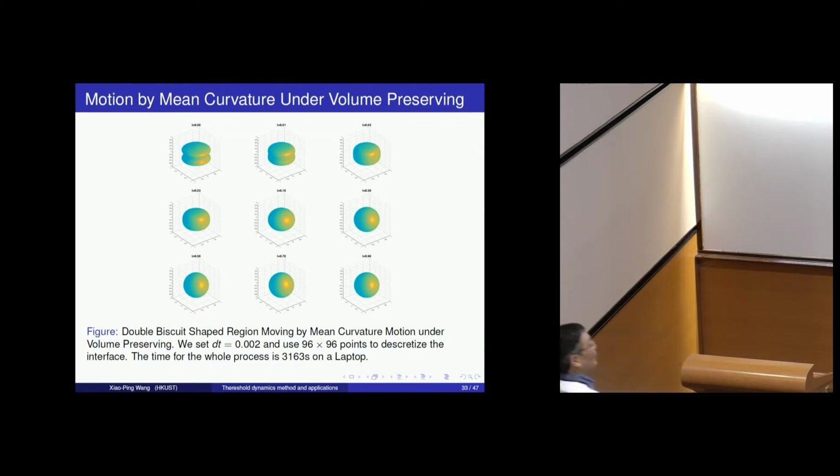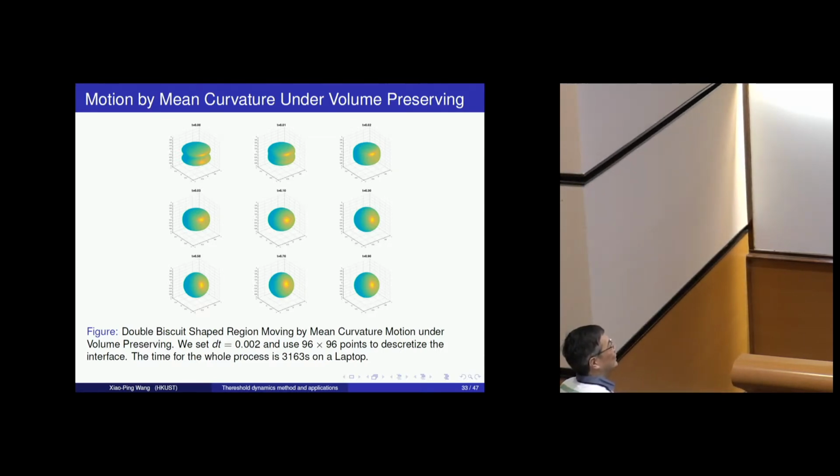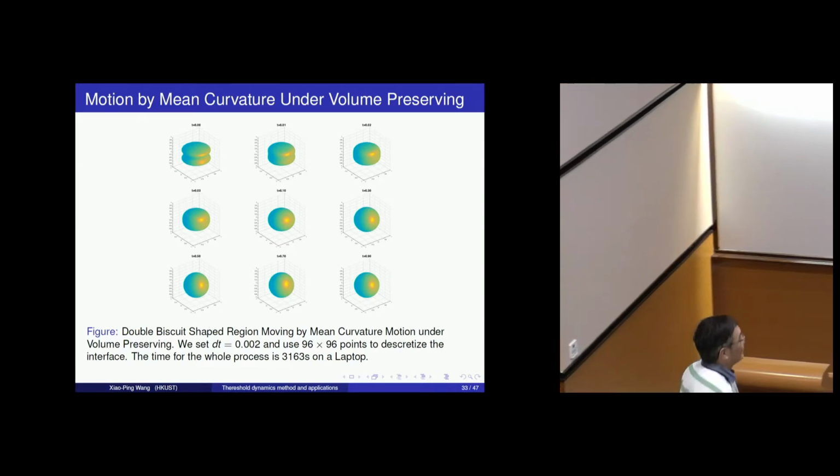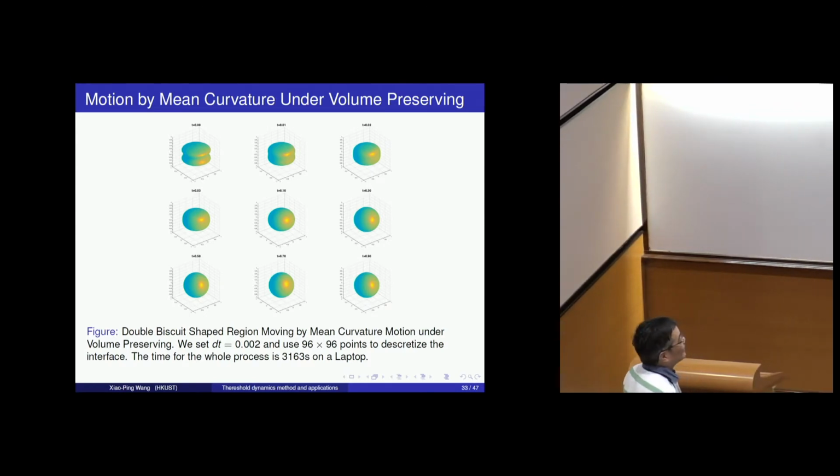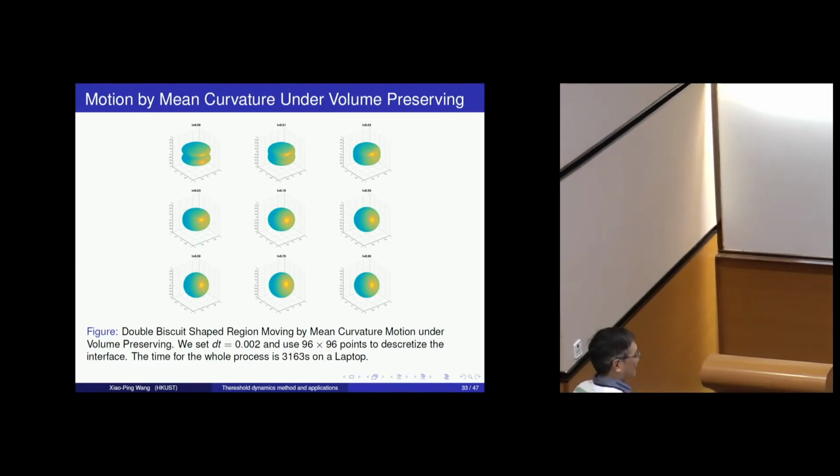So we can do this 3D simulation on a laptop in 1 hour. That's very, very fast. If you do it using the phase field method, it will take days to do this simulation.